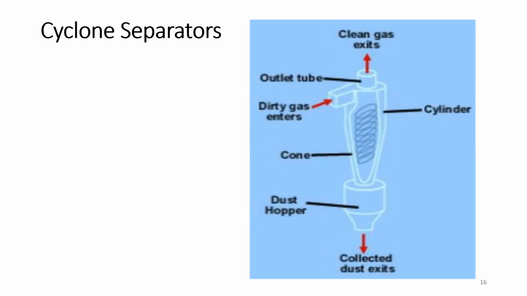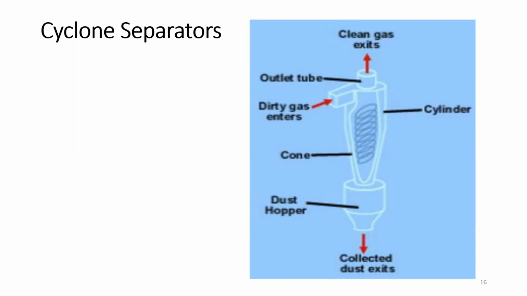The design is such that the dirty gas, or the mixture of gases and solids, is sent to the cyclone separator from the top, and with the help of inertia and the particular design of the inlet, we can use centrifugal force in this cyclone separator.